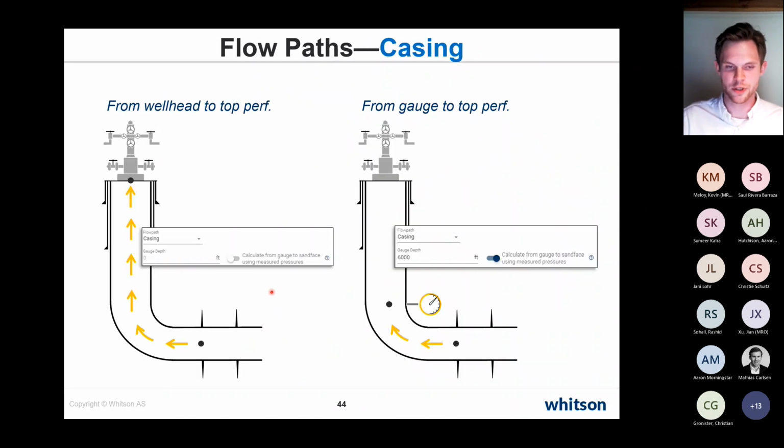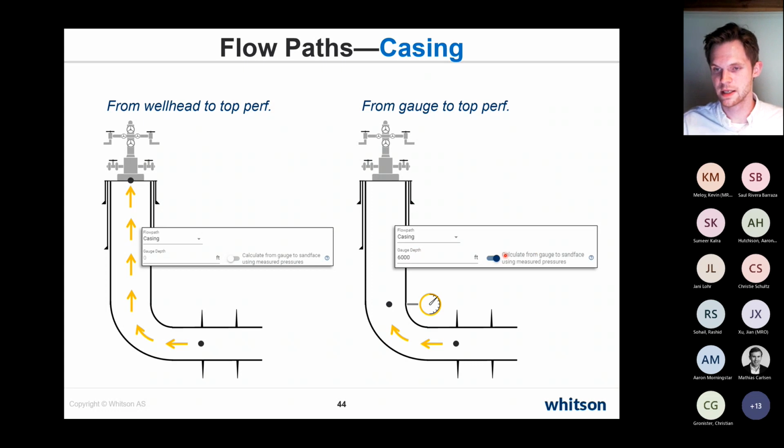Let's start with casing first. So there's always the option of either computing from the wellhead down to the top perforation, or providing some reference depth where there's a gauge and computing from the gauge and down to the top perforation. So if you have, for whatever reason, measured pressures at some depth other than the wellhead, you can set that gauge depth associated with the well configuration.